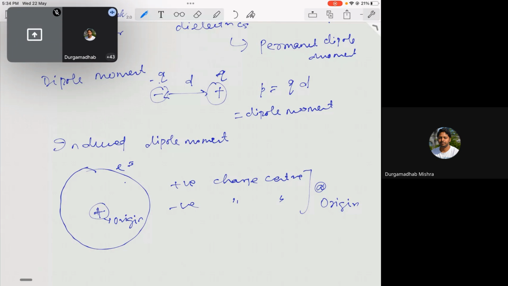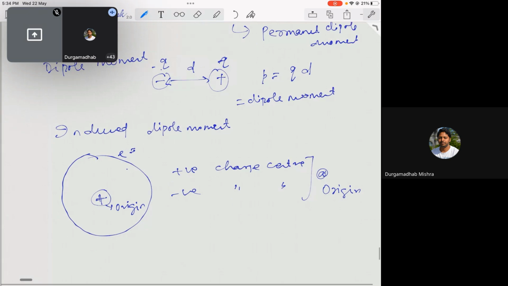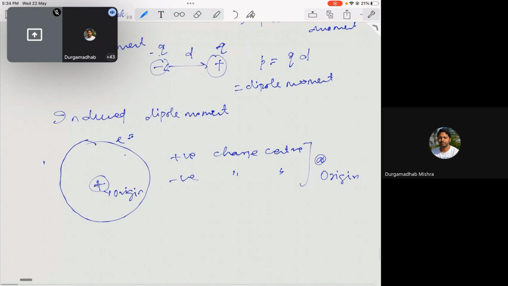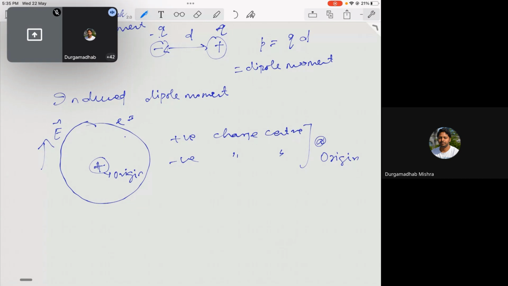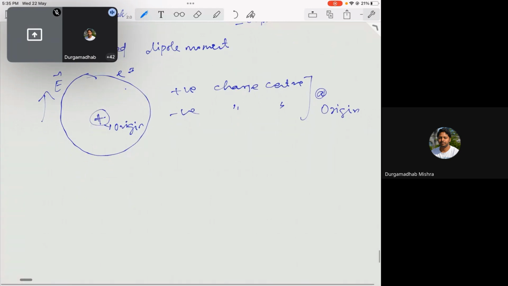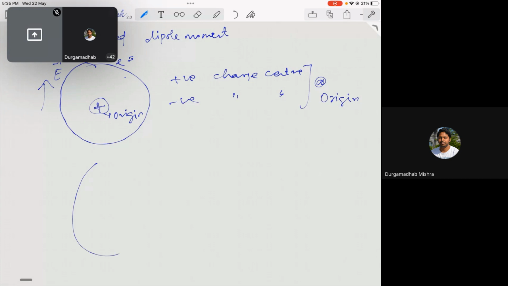But if you apply an electric field, what would happen? The positive charges will move a little bit in the direction of the electric field. Let me draw this situation.